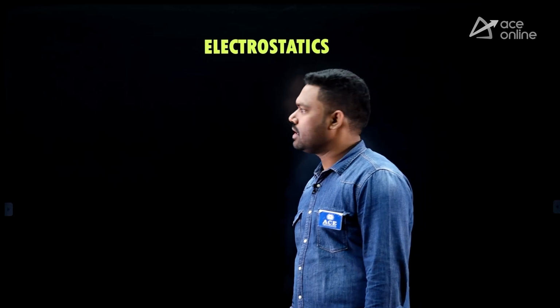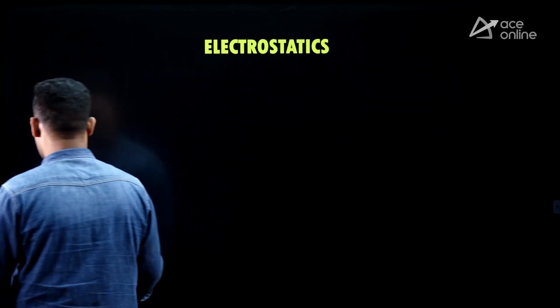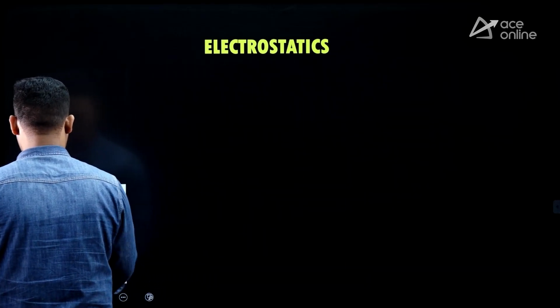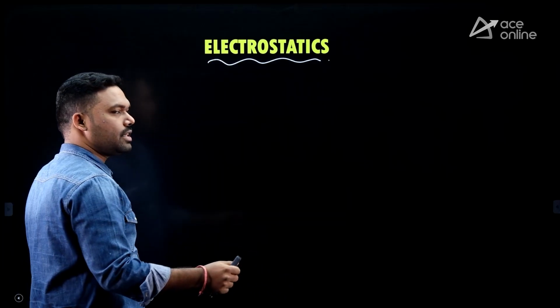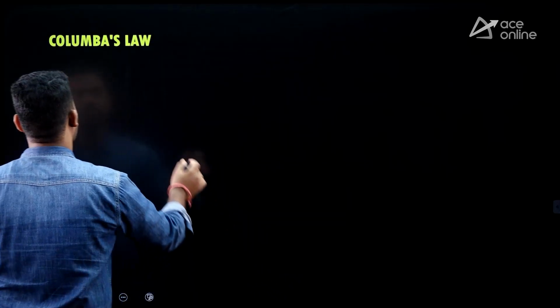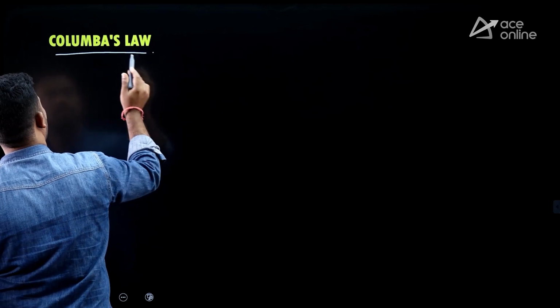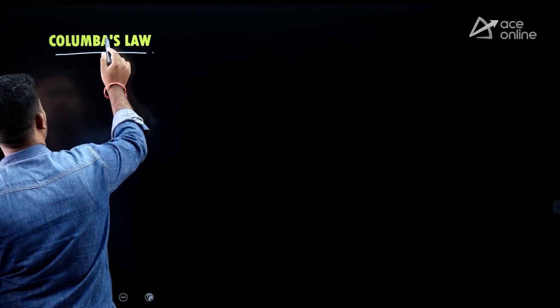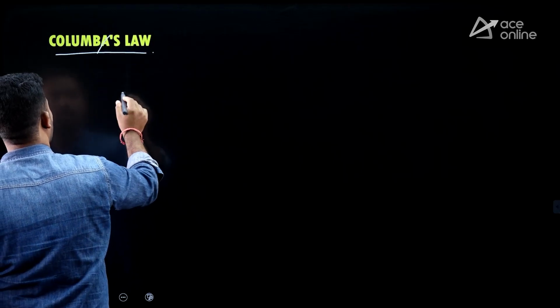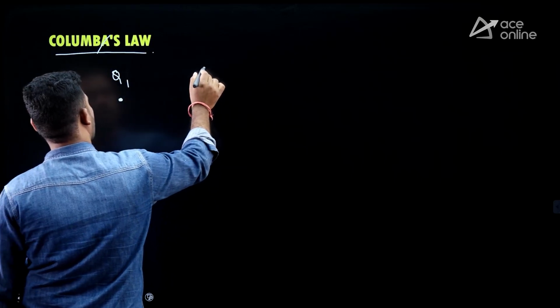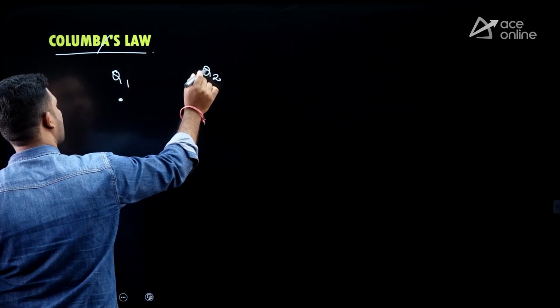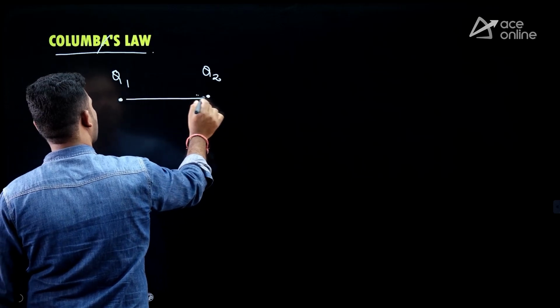Yes, guys, see here, let us start with the second chapter. Electrostatics. It is a study of charge which is at rest. Fine. So let us start with Coulomb's law. If there are two charges here, Q1, Q2, what is the force on this one due to this one? Line joining these 2 points.